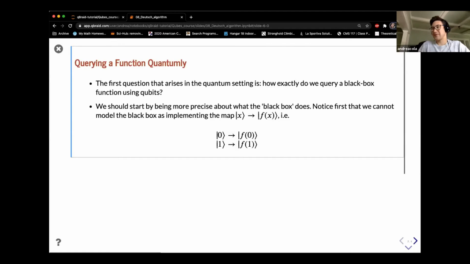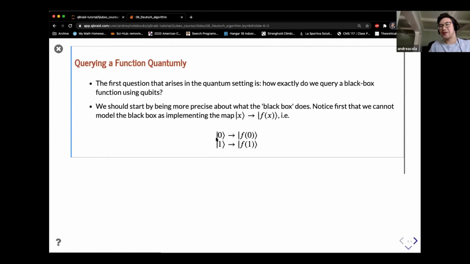One way that you could think of how to model access in the quantum case is to say that you're allowed to input to this black box a qubit in the state, say, |0>. And what you get in return is f of 0. That's one possibility, but you get them as quantum states, right? So, for instance, in the quantum case, the black box could be performing the following.